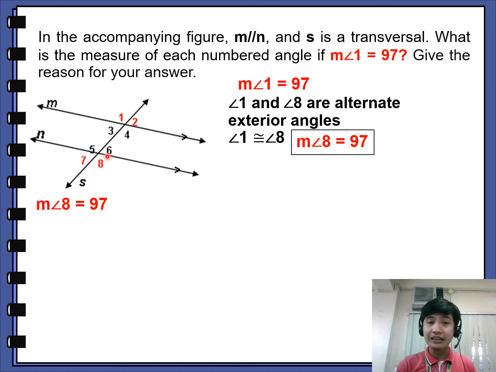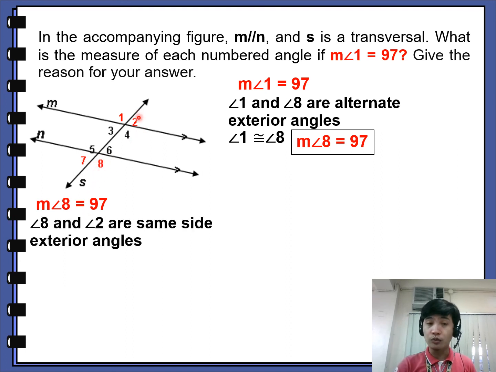Angle 8 and angle 2 are same side exterior angles. So pag sinabi nating same side exterior angles, these are two exterior angles on the same side of the transversal. Dalawang exterior na nasa isang side lamang ng transversal. Si angle 8 at angle 2 ay parehas na exterior lying on the right side of the transversal.